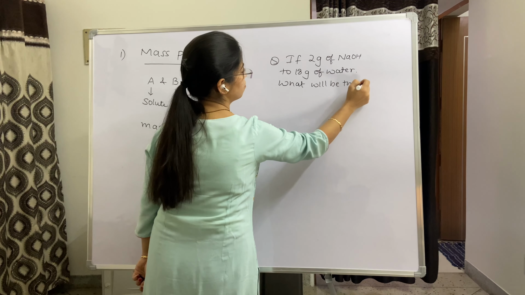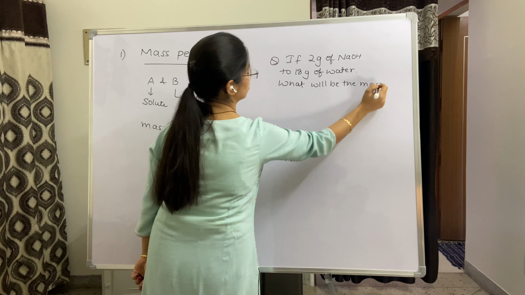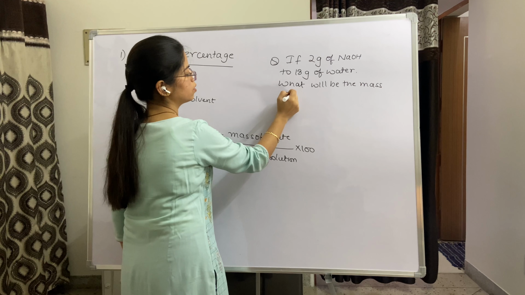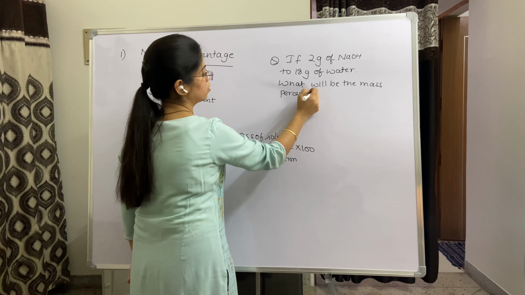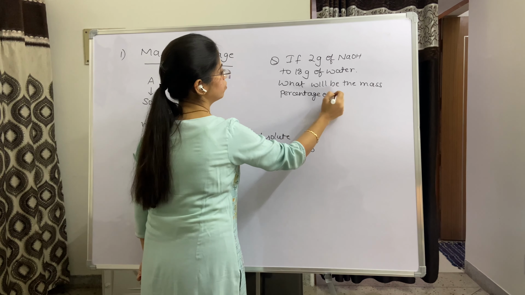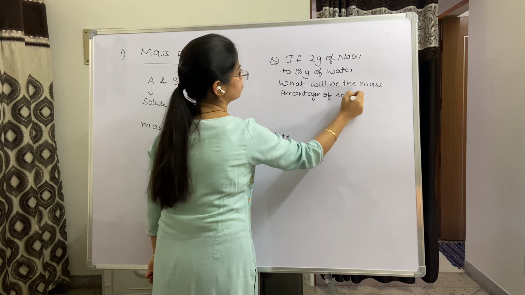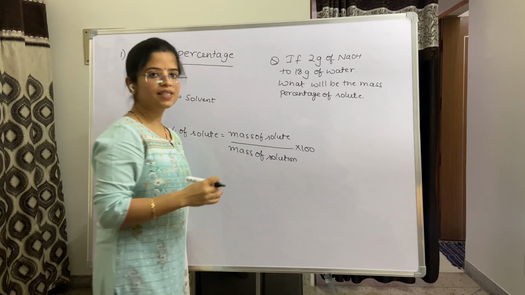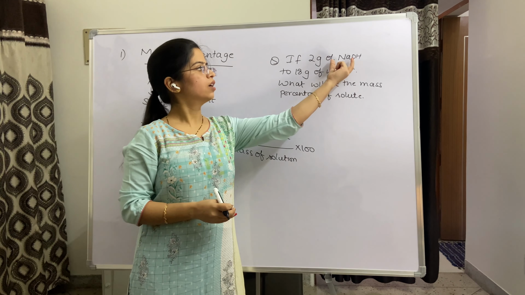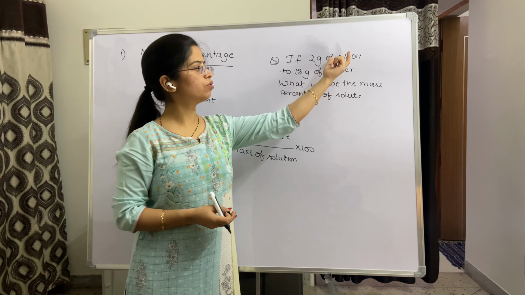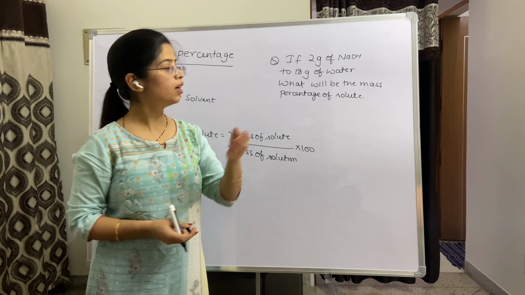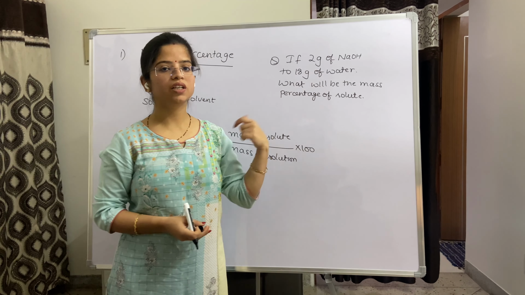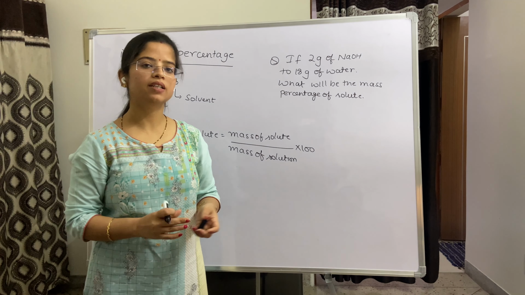In this case, NaOH is present in lesser quantity, so NaOH is the solute, and the water is present in a greater amount, so we can say it is the solvent.